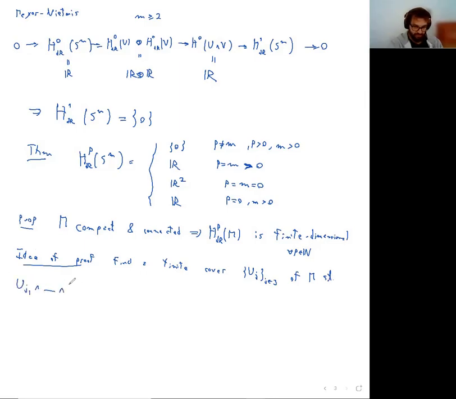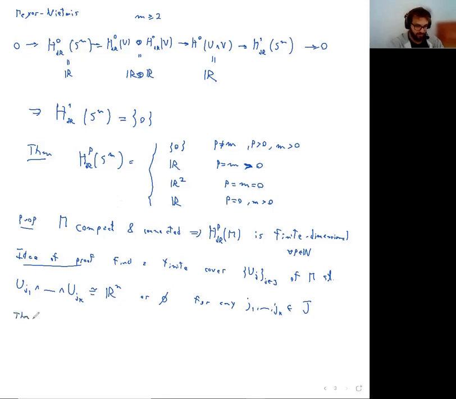any size intersection is contractible or empty. So finding such a cover is maybe the more delicate part, but it is possible.